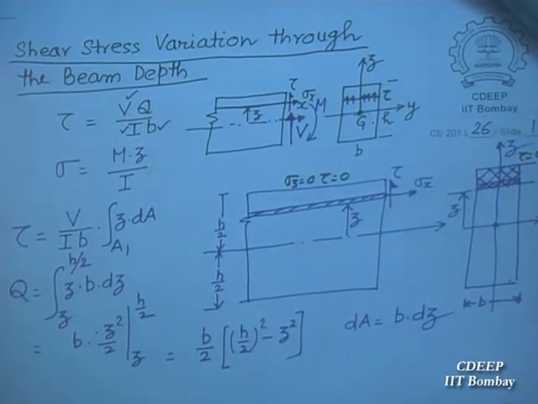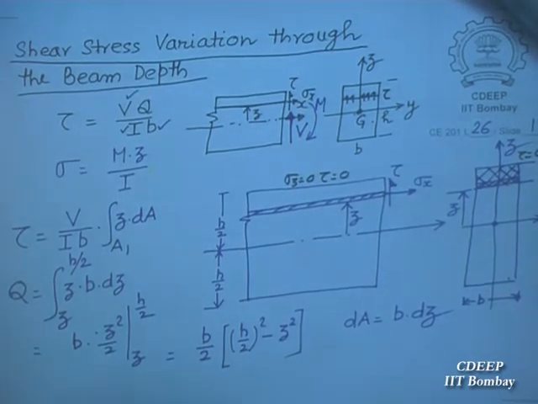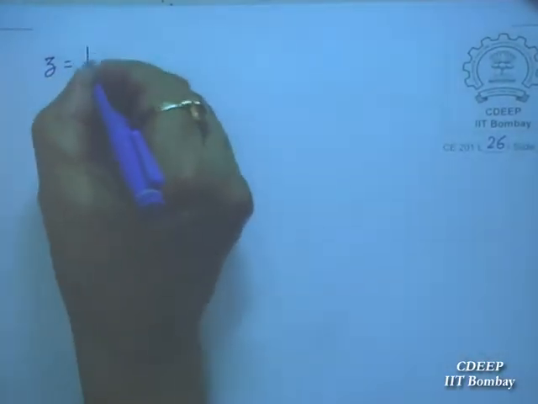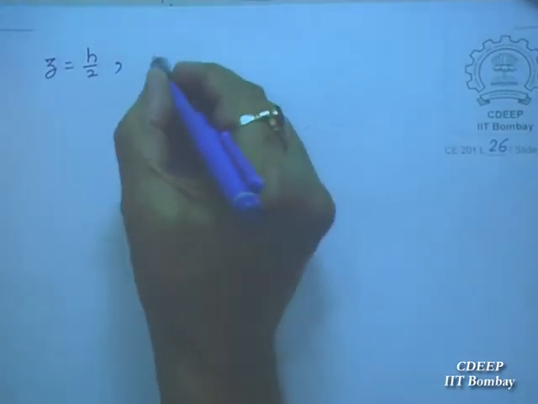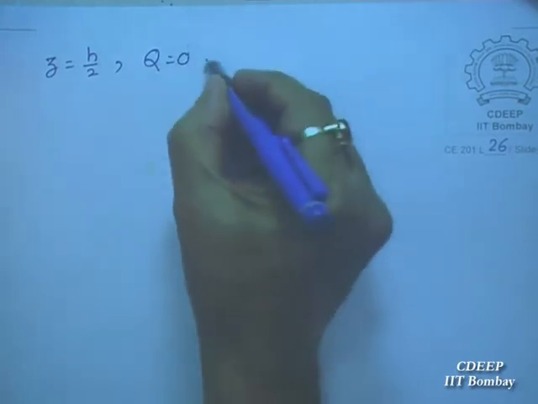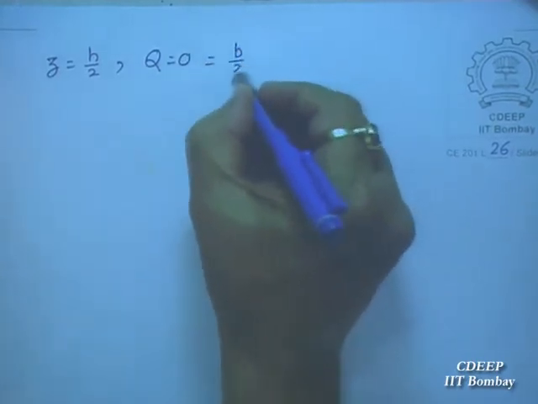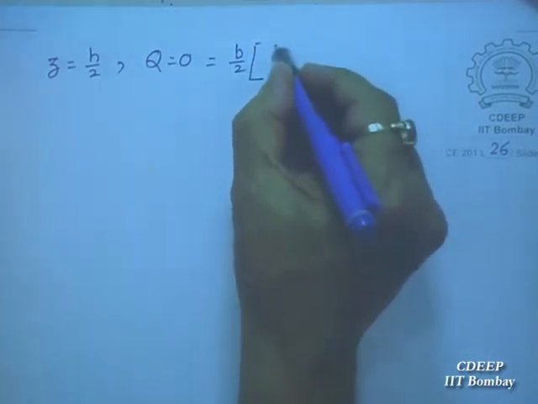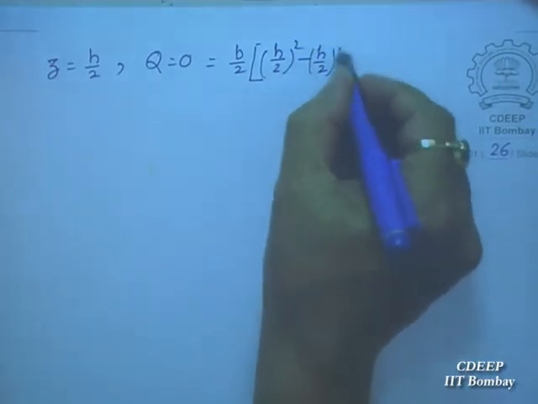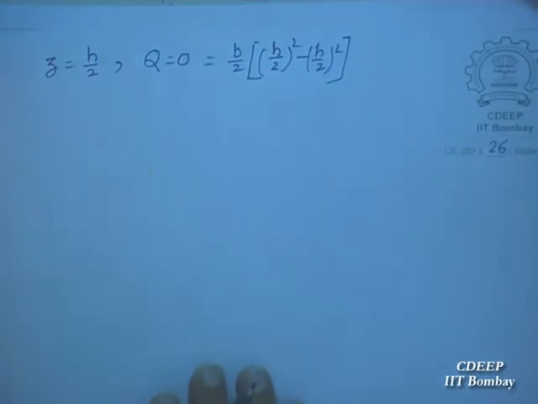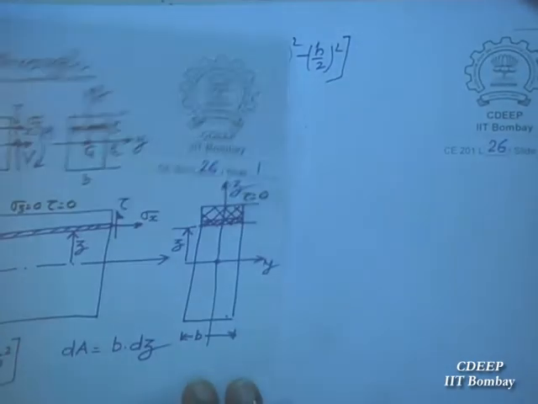When z equal to h by 2, it is 0. So that means our formula is okay.